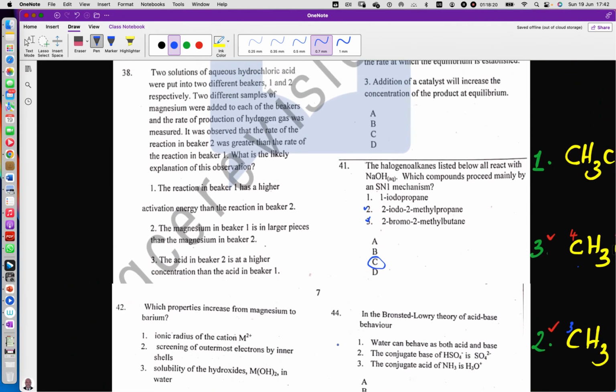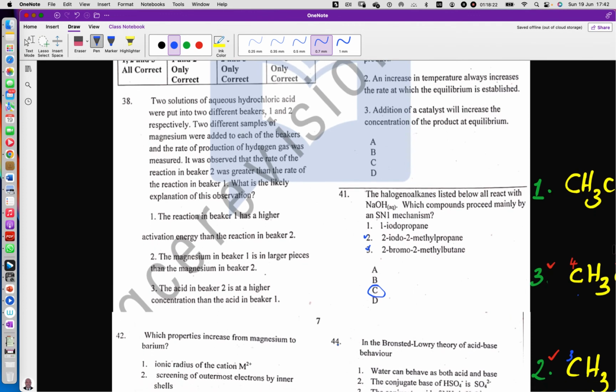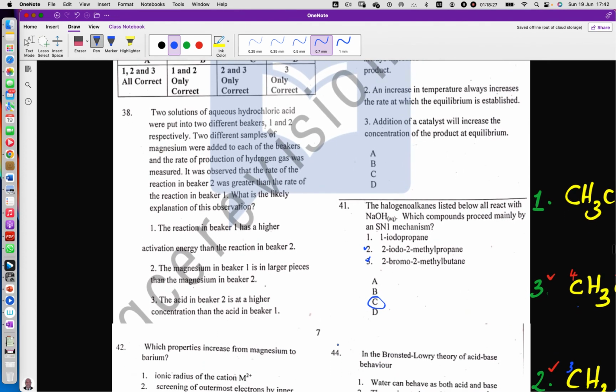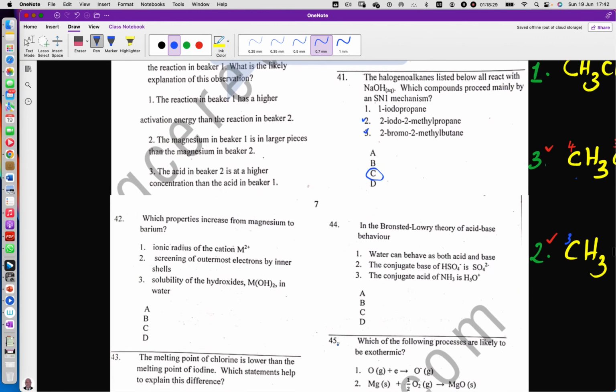So the property that will increase from magnesium to barium. That's 42.